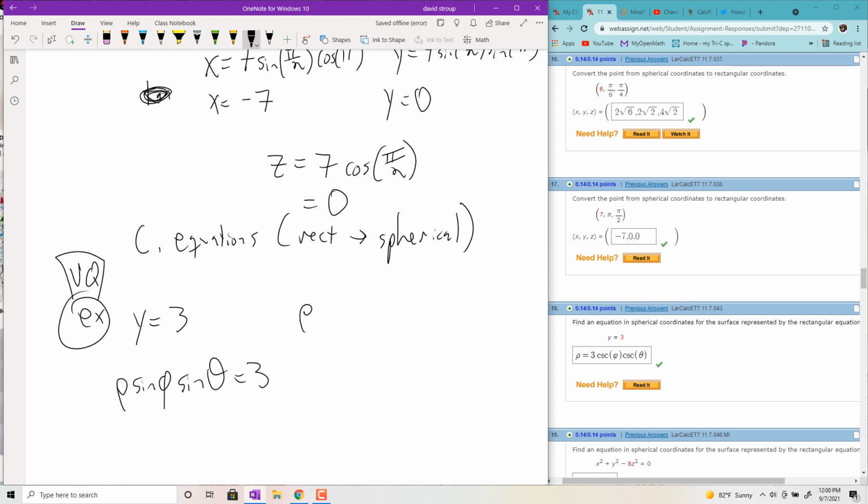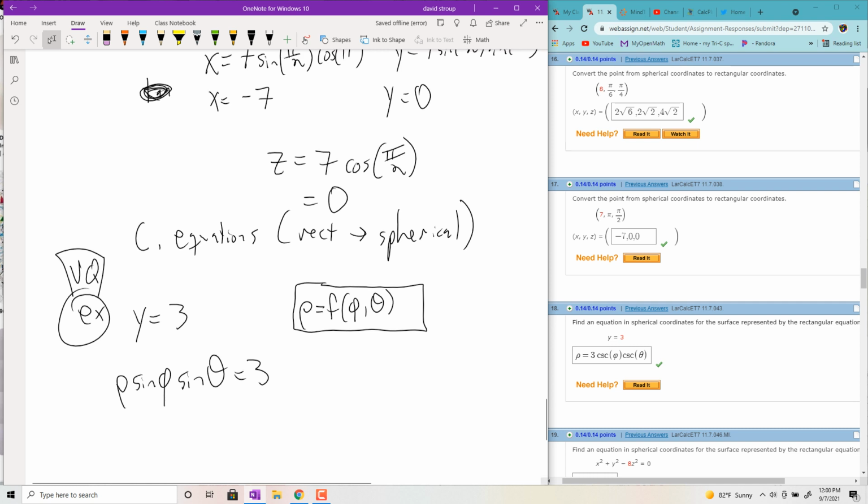Just like before, you wanted r as some function of theta and z, now we usually want rho as some function of phi and theta.